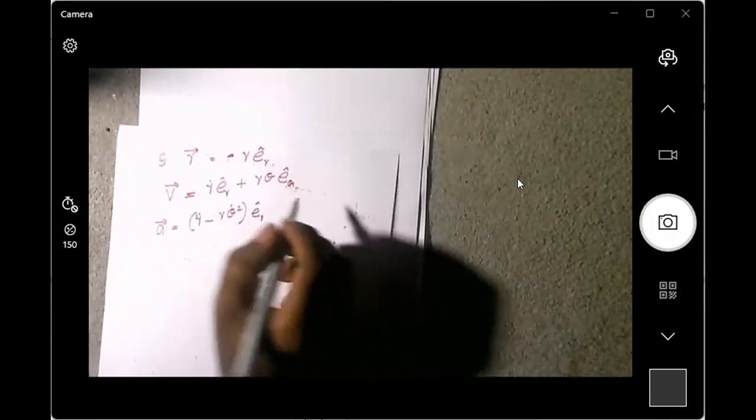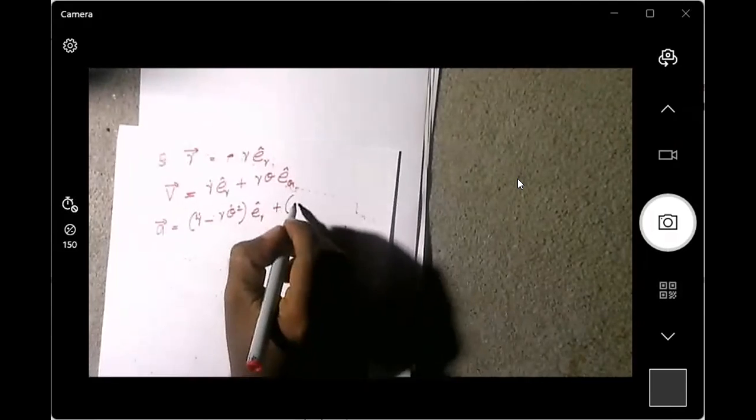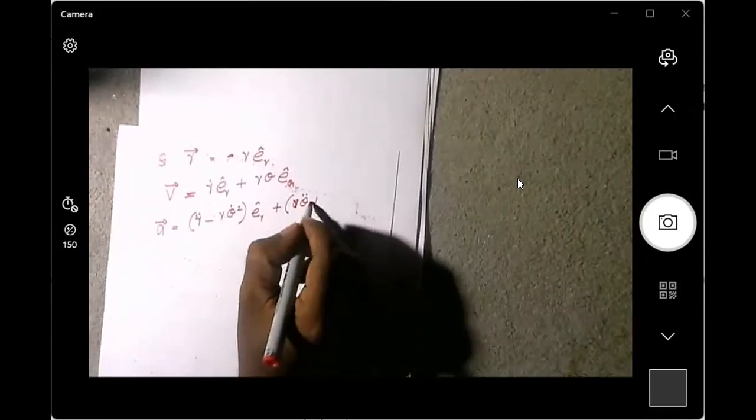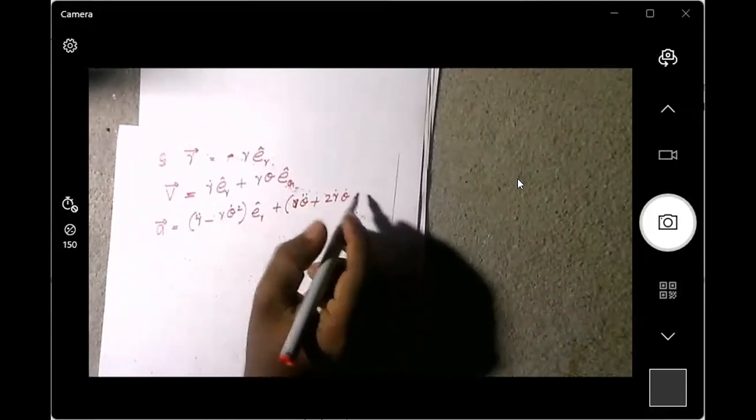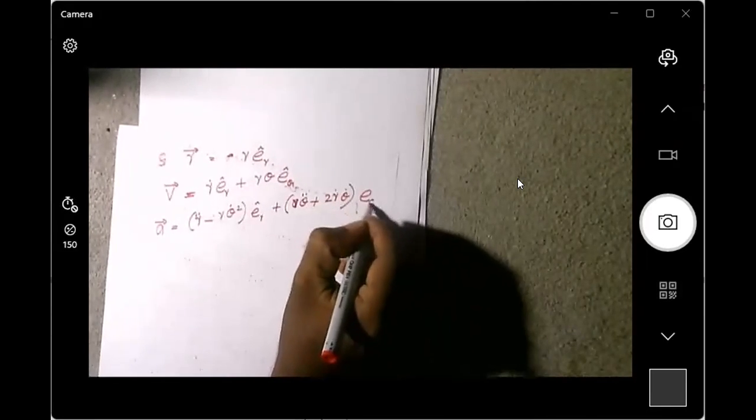You have r double dot minus r theta dot squared in the direction of er, which is the radial direction, plus r theta double dot plus 2 r dot theta dot in the direction of e theta or the tangential direction. Remember this one?